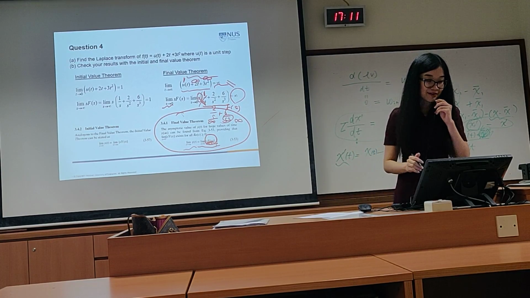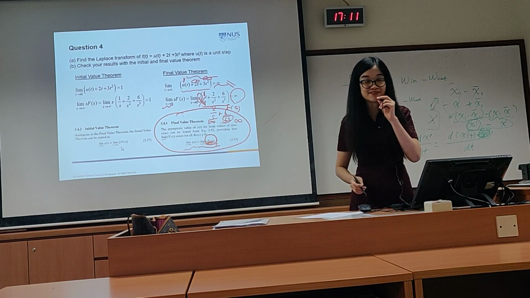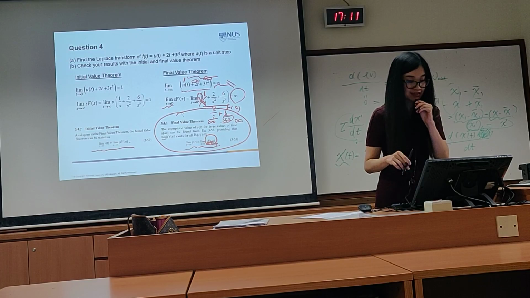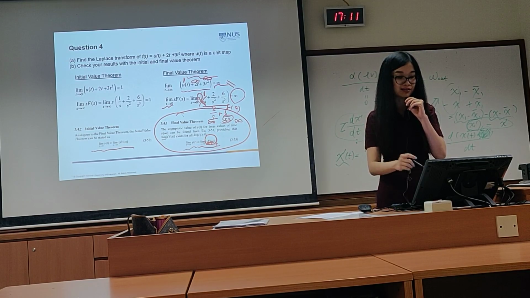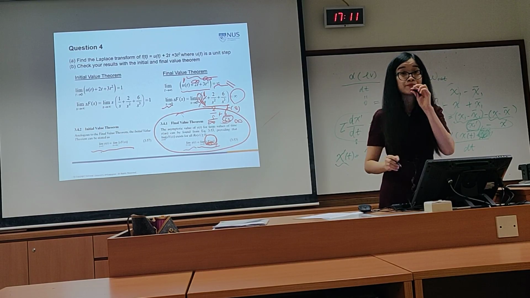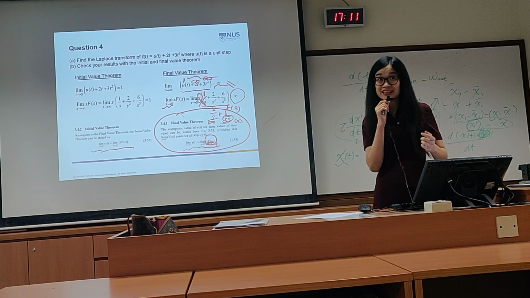Okay. And similarly, we have the initial value theorem here. This can be proved mathematically as well. We didn't talk about this in class, but this follows exactly a similar format to the final value theorem. The difference is for initial value, it means time goes to 0. So at the beginning, it is the initial value.